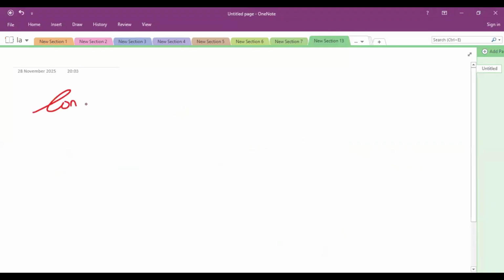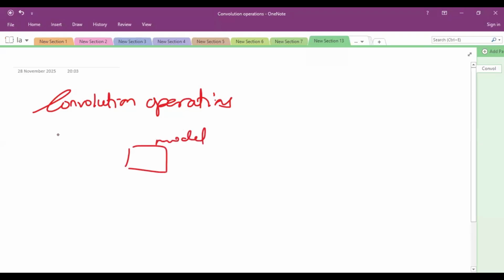Then we have convolution operations, where matrices are used. Suppose I am trying to make a model for image recognition, and I am feeding the model different images of different sizes. The sizes can eventually be brought down to the same structure.